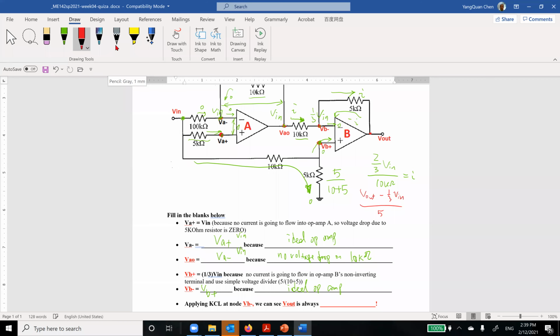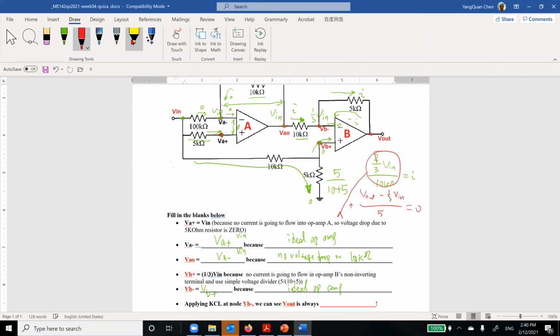So plus this I, plus this term. This is the I. V out minus VB. So this guy, put it here, plus this one must be 0. Then what is V out?